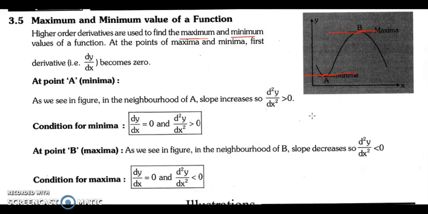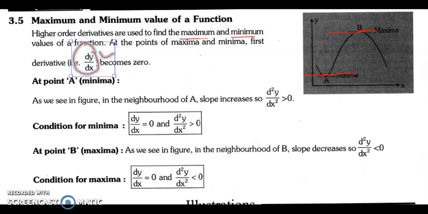If these two lines are parallel to the x-axis, it means they are not making any angle with the x-axis. Which means whatever the change in x, there is no corresponding change in y, which denotes that the derivative dy by dx becomes 0.